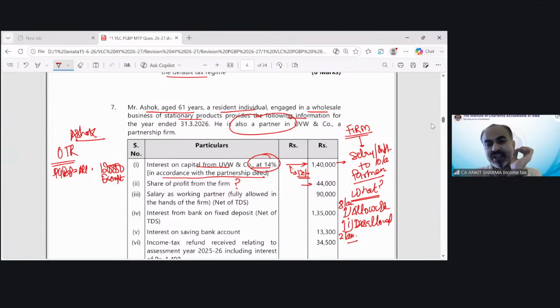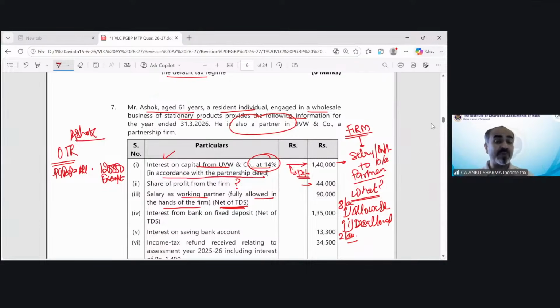Next is salary as working partner. Fully allowed in the hands of the firm, net of TDS. So that was interest which has been received. Now this is salary. Fully allowed, net of TDS. So I believe when you have completed the TDS provision, if there is any income on which TDS liability arises, and if that is given in the question with the word of net or received, that means it is after deduction of TDS.